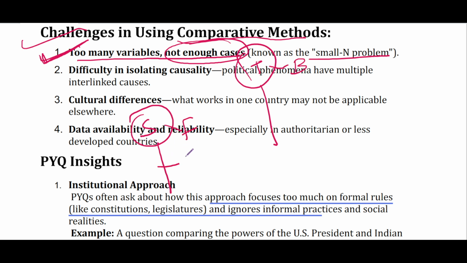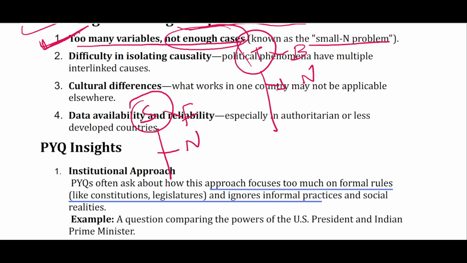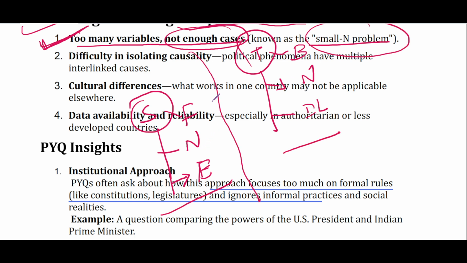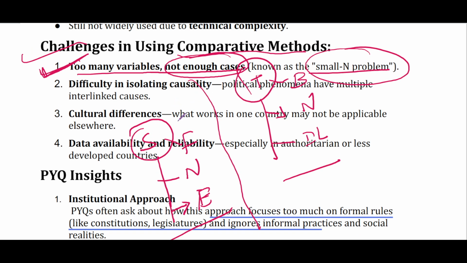Then one is from Norway, this one is from Nigeria. Then this one is highly educated, and this one is illiterate. तो यहाँ पे डिफरेंसेस, वेरिएबल्स बहुत सारे हैं, सिमिलैरिटीज नहीं है. So that's the small n problem, और वो भी एक चैलेंज है कंपैरेटिव मेथड्स में.